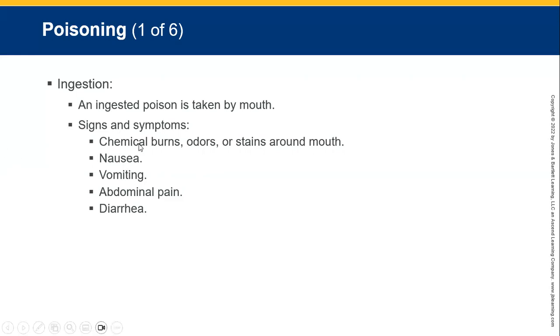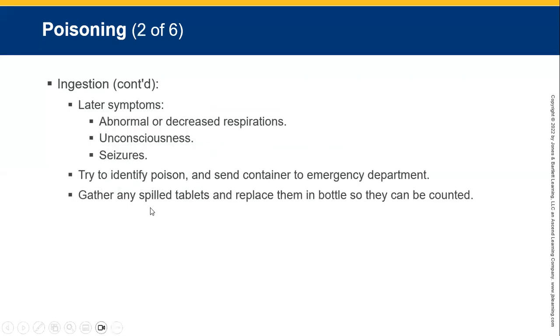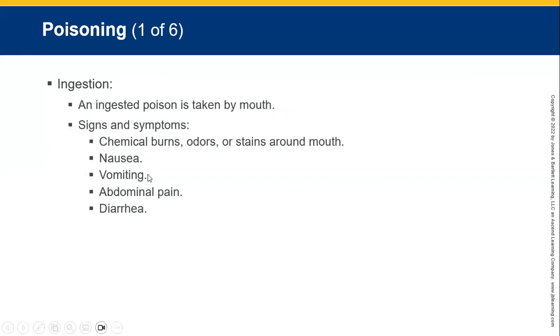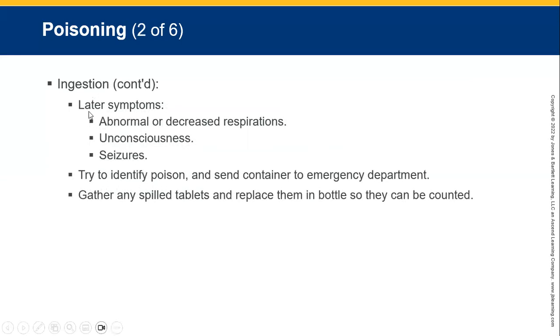Signs and symptoms could include chemical burns around the mouth, odors and stains on the mouth, nausea, vomiting, abdominal pain, diarrhea. Let's not forget things like burn marks on the skin. Ingestion may also cause abnormal or decreased respirations, unconsciousness, and seizures.